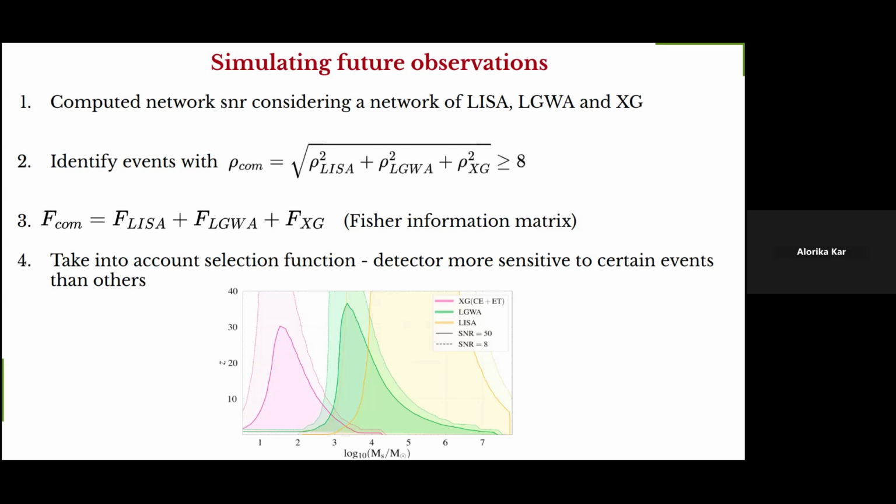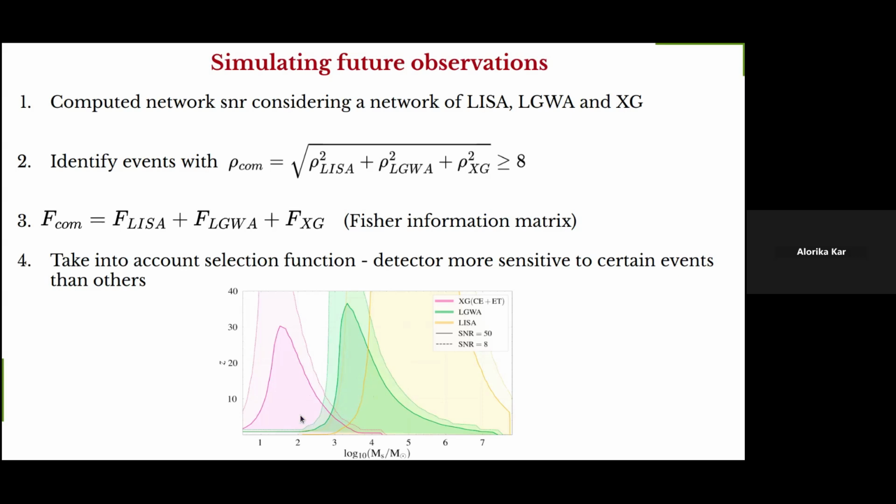Once we have the detections, we know that we won't be able to exactly pinpoint the true values. We will have an error bar, which is this Fisher matrix information. We'll have posteriors on the binary parameters, and we use those posteriors together with the selection function of the detector. Some detectors in some regions are more prone to detect certain events than in other regions. For example, this plot is the selection function.